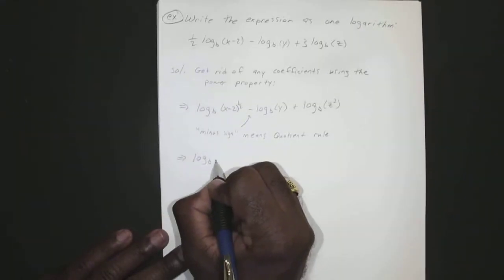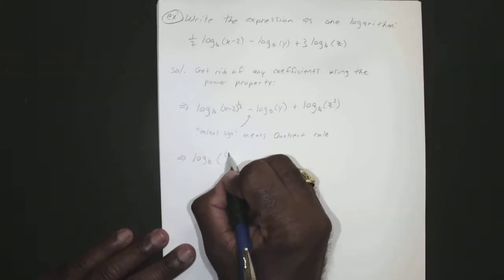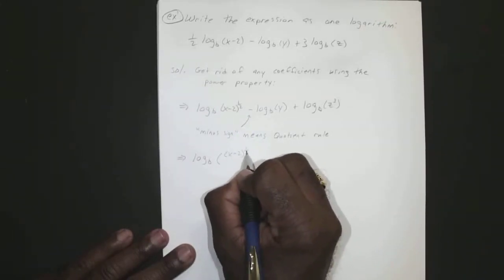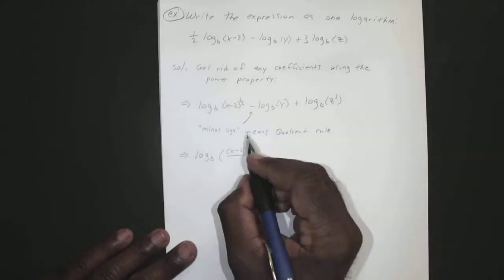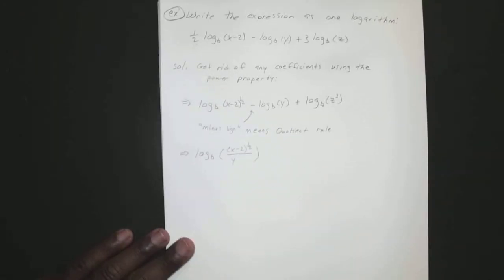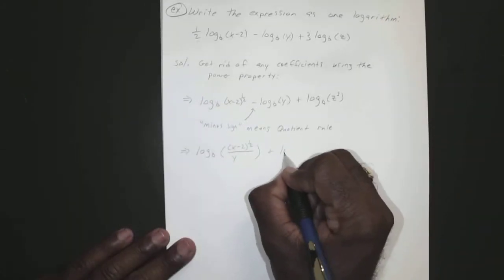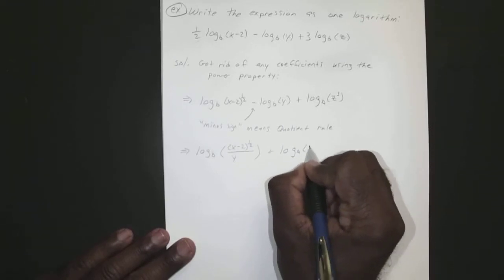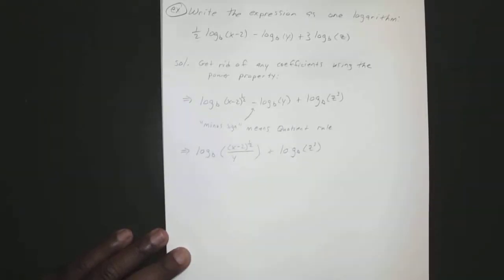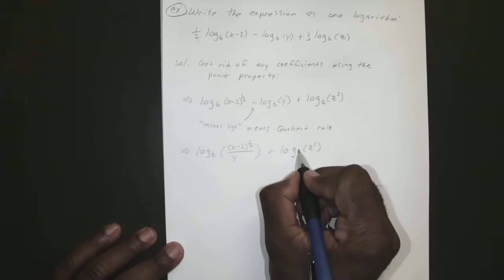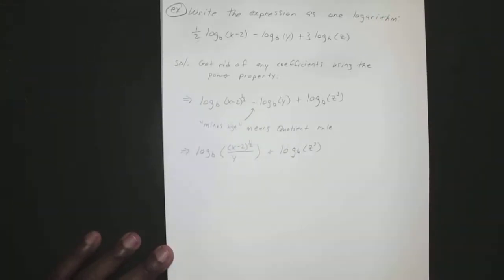So you have log base b of x minus 2 to the 1/2 power divided by y plus log base b of z to the third. Can't forget about the last one. Any questions on that step?